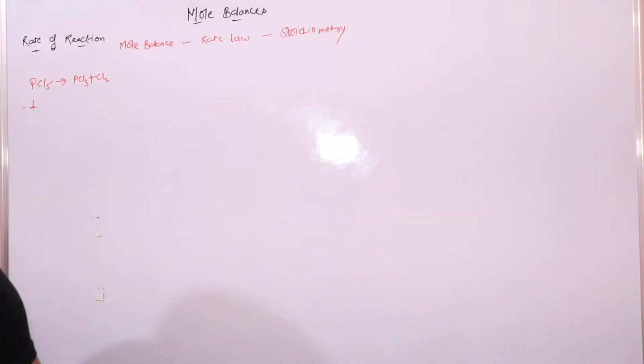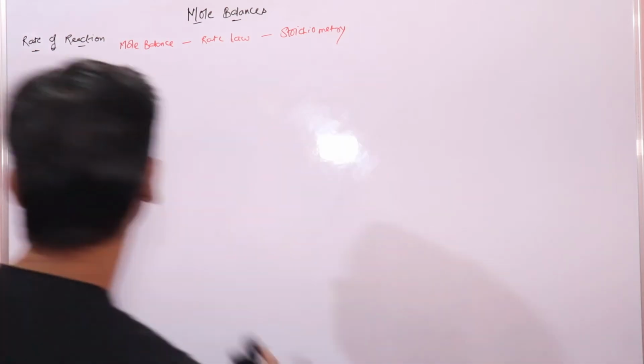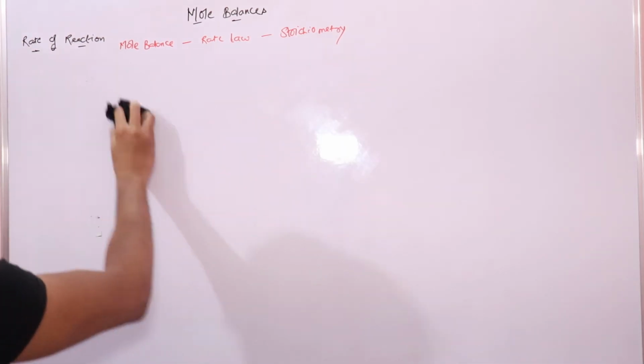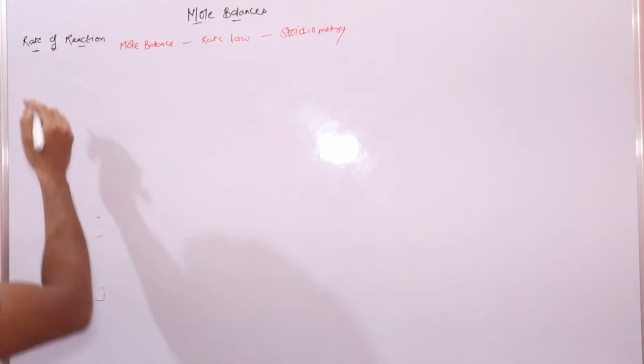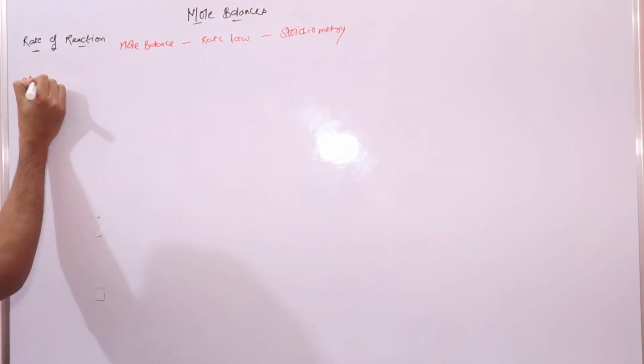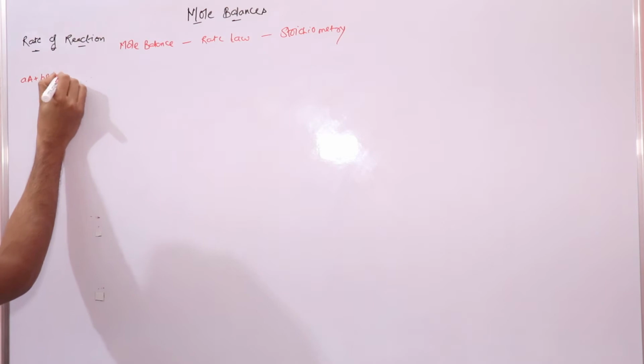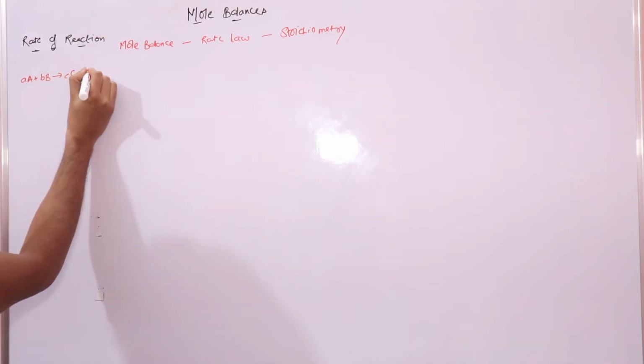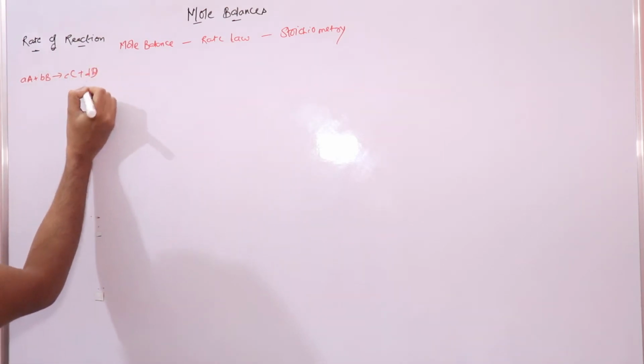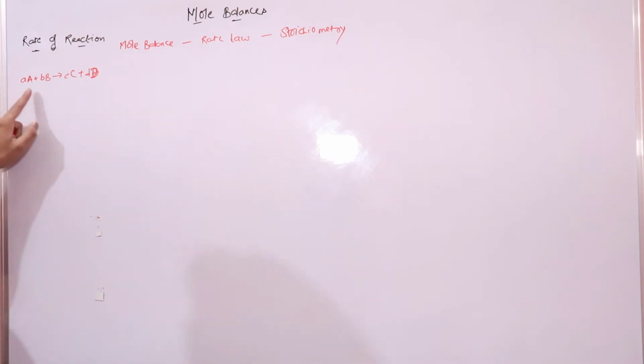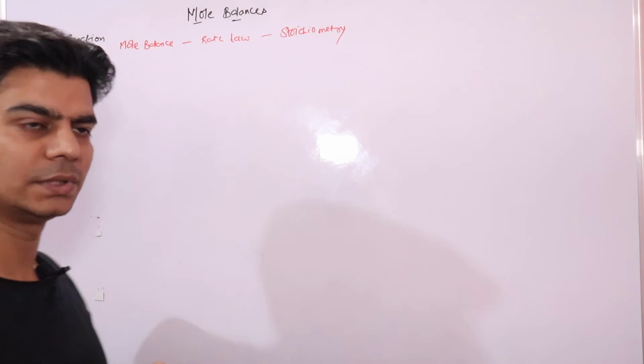Let's take another example that will make things clear. Let's talk about a general reaction, which is aA plus bB gives you cC plus dD. These small letters a, b, c, d denote the stoichiometric coefficients.